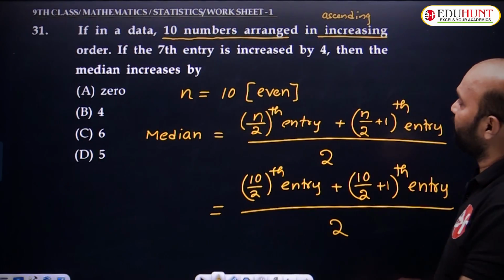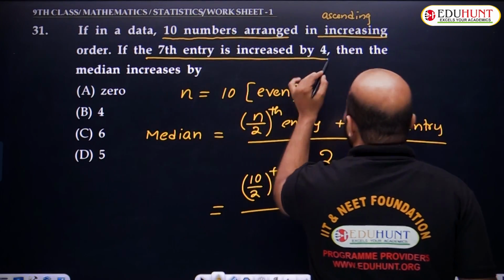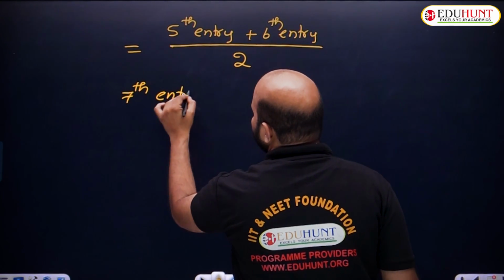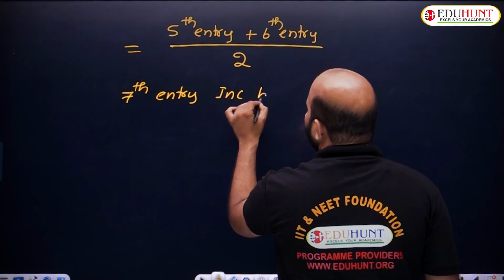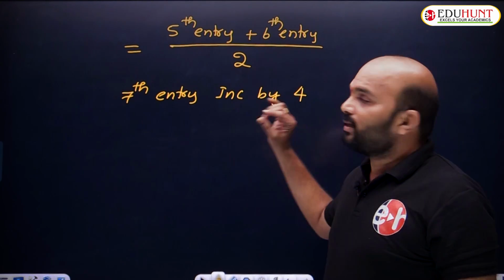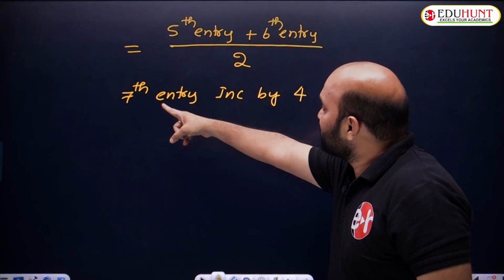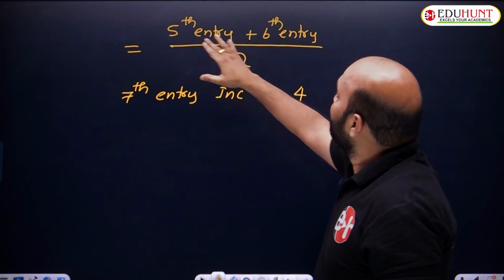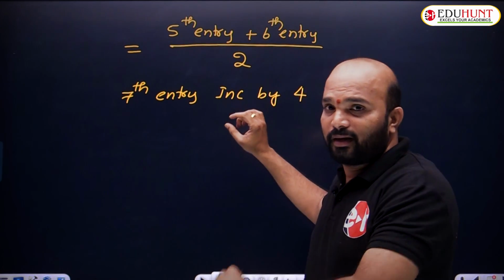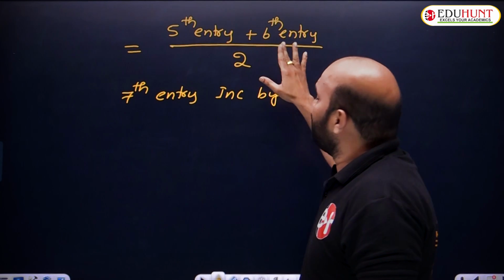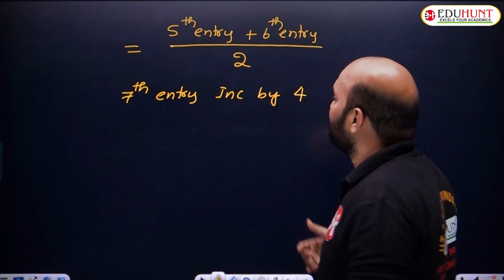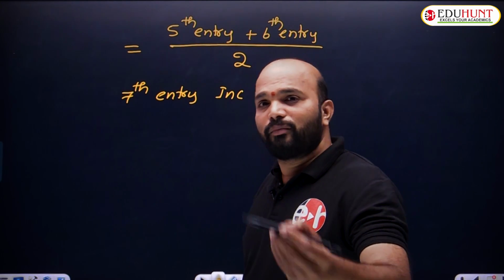The next condition given is that the 7th entry is increased by 4. That means there is no effect on the median, because when the 7th entry is increased by 4, the 5th entry and 6th entry in the already ascending arrangement remain the same. Suppose the original mean is 10, the new mean is also 10.